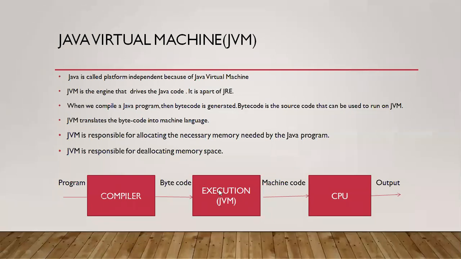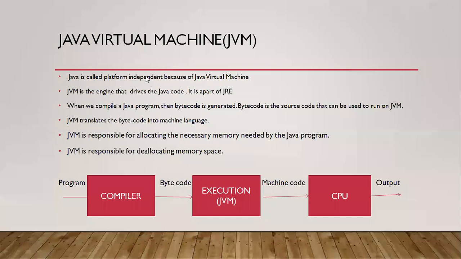Whenever we execute a program, because of the JVM, the bytecode will be translated into machine code, and later we will get the output. Because of this feature, our Java language is called platform independent.